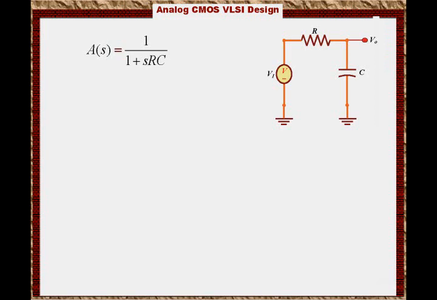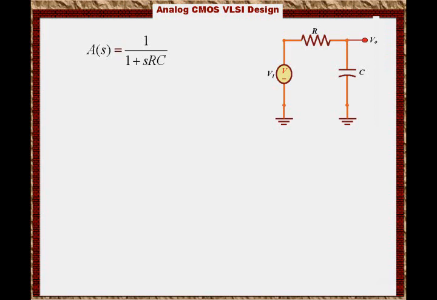We calculated it. We can convert this circuit from the S domain to the omega domain basically by replacing S with j omega. Remember that if we say S equals j omega, then we transform the circuit from the S domain to the frequency domain.